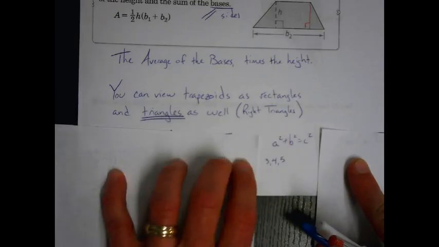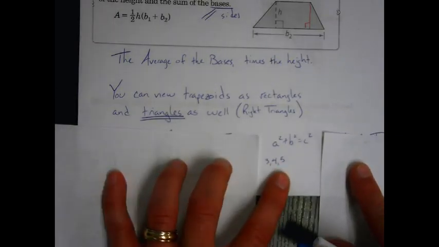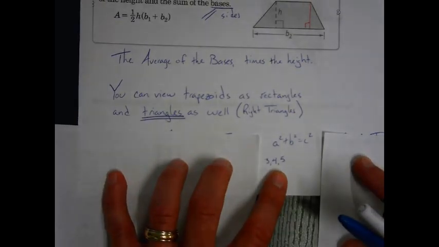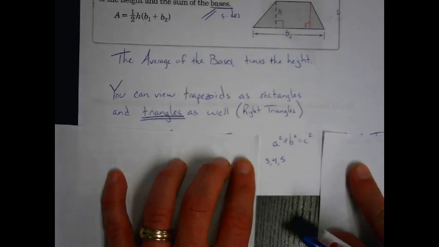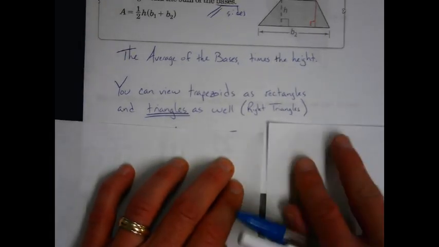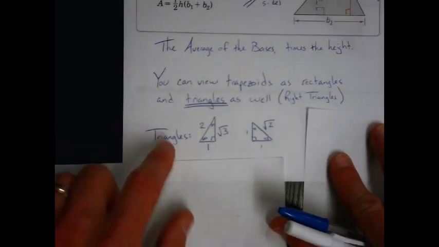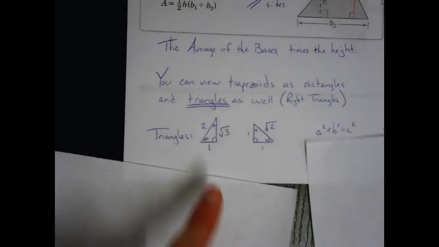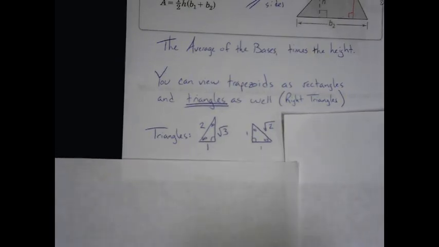And our little shortcuts, the Pythagorean triples, 3, 4, 5, because I'm going to use the 3, 4, 5 triple later. So this will come in handy. We also have to remember our special right triangles, the 30, 60, 90 right triangle, where we have a short leg, a long leg, and a hypotenuse.